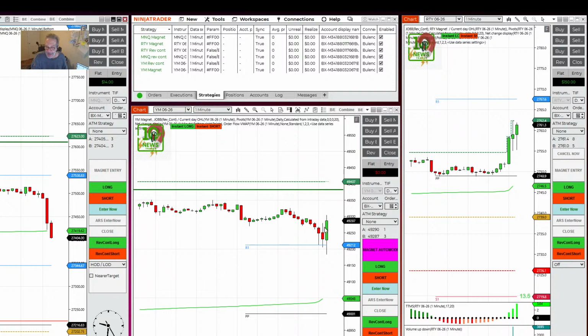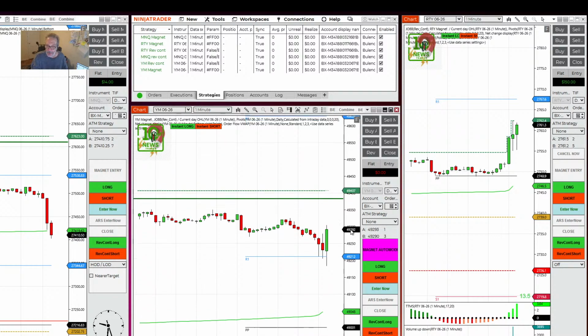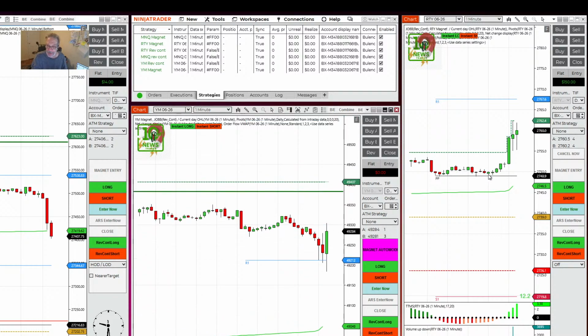It's a little scary to let the YM fill to the long side, but look what happened with the RTY. The YM, it was a perfect trade after the open. The RTY was perfect, right? So RTY, another winner, another nice winner.